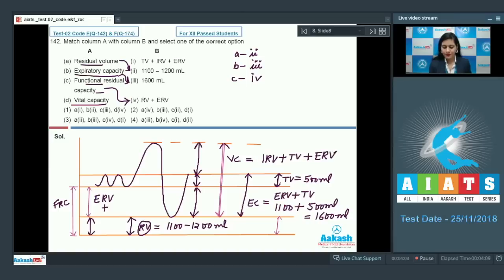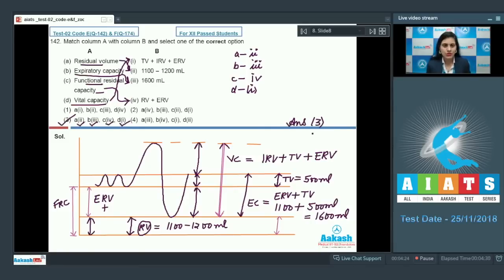So option D in column A goes with the first option in column B. So the correct answer for this question is option number 3: A with 2, B with 3, C with 4 and D with 1.